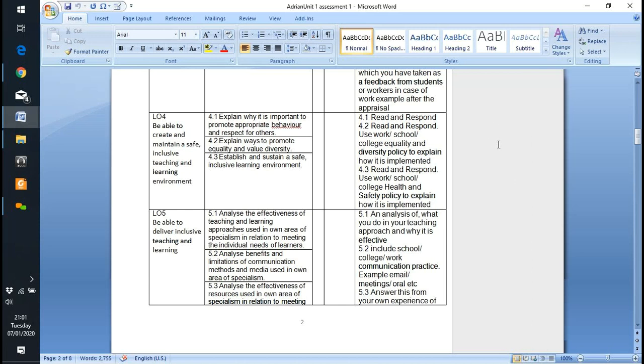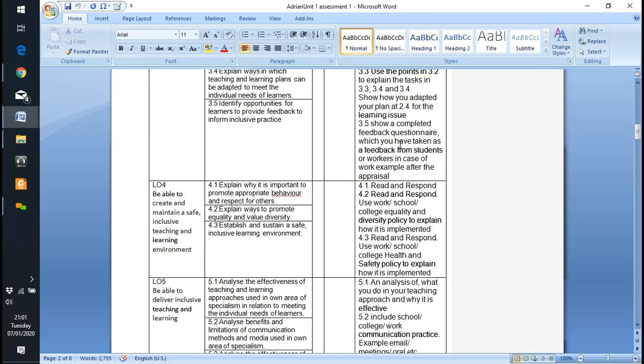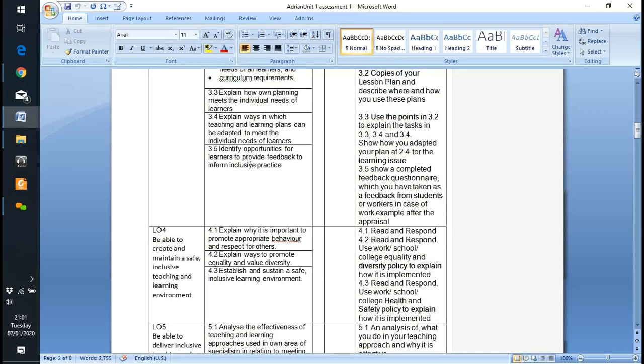And then one of the things that, as I said, quite a lot of schools don't do is providing opportunities for learners to provide feedback. It is a contentious issue: at what age do you start to do this? Below 10, you can get more by asking questions and listening.